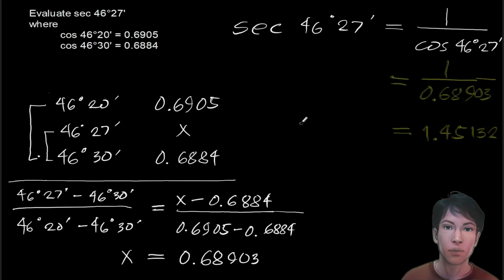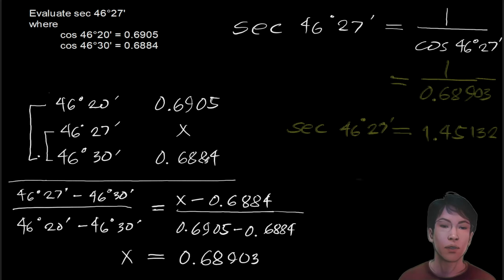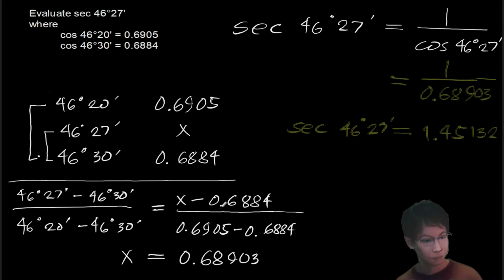So that is the secant of 46 degrees 27 minutes using interpolation.